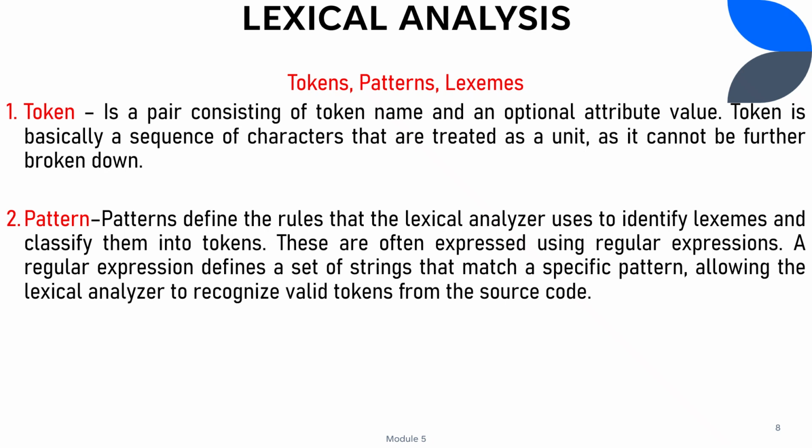These are often expressed using regular expressions. In other words, we provide lexical analyzers with patterns. Using these patterns, the lexical analyzer can differentiate a lexeme into its appropriate type. And to write these patterns, we use regular expressions.